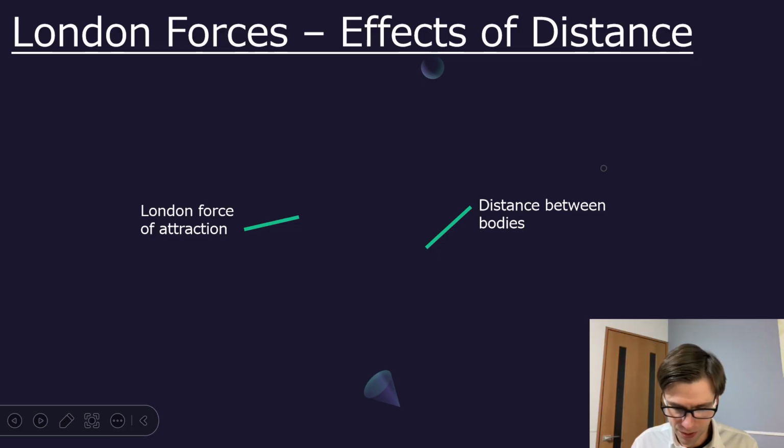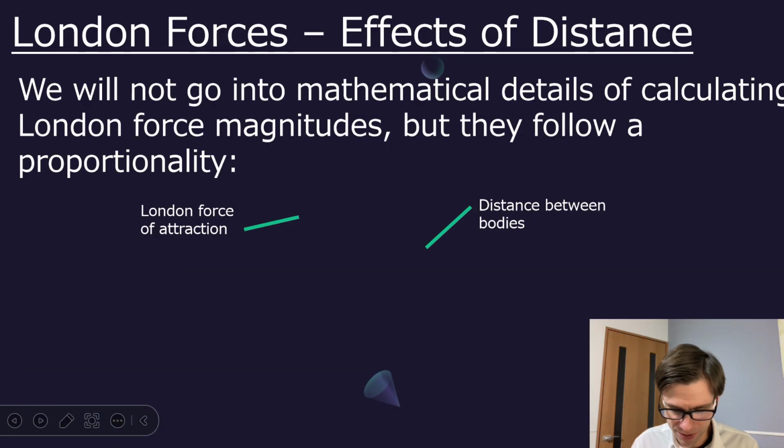Okay, moving on. What are the effects of distance? We will not go into that many mathematical details of London force calculations to find its magnitude, but they will follow a proportionality generally that I think we should know. That is, the force, and therefore the energy and boiling point and melting point, is proportional to 1 over r to the power of 6, where r is the distance between the centers of the molecules.